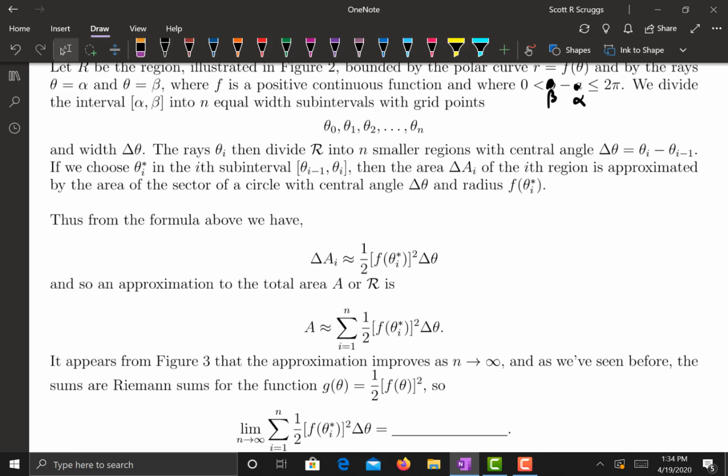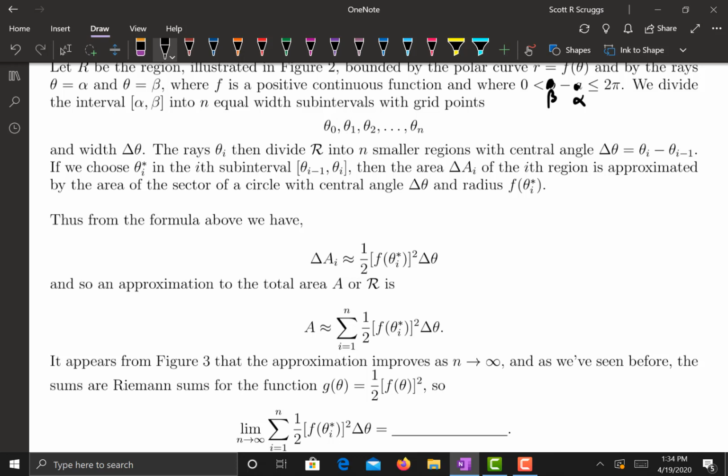And then just like before in Unit 1, my general area equation is going to be the area for a sector of a circle. I'm replacing r with f of theta, my function evaluated at the grid point, and then multiplying by the width of the sector I'm looking at.